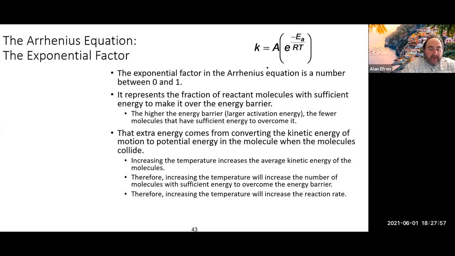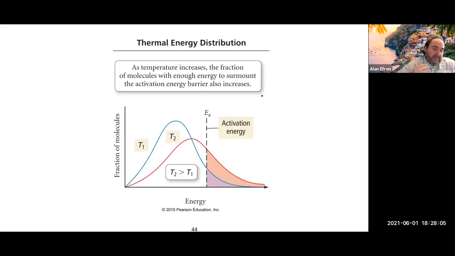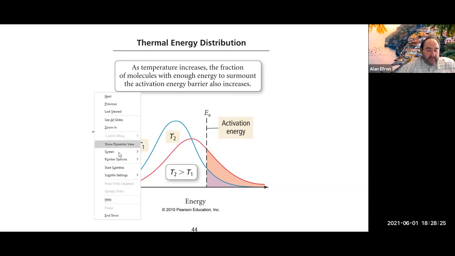And obviously, as we also talked about, vice versa, if you lower the temperature, you're basically causing the opposite effect. You have fewer molecules with a sufficient amount of energy. And that's what we see here in the comparison of temperature 1 and temperature 2. Temperature 1 is the blue curve, and temperature 2 is the red curve. The red curve is a higher temperature than the blue curve.